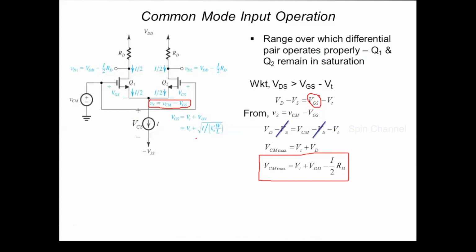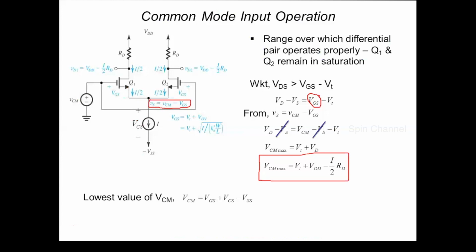Now, in order to find the lowest value, apply KVL to the input, that is to the gate and source terminals. So if you apply KVL to the gate and source terminals, we get VCM is equal to VGS plus VCS minus VSS.